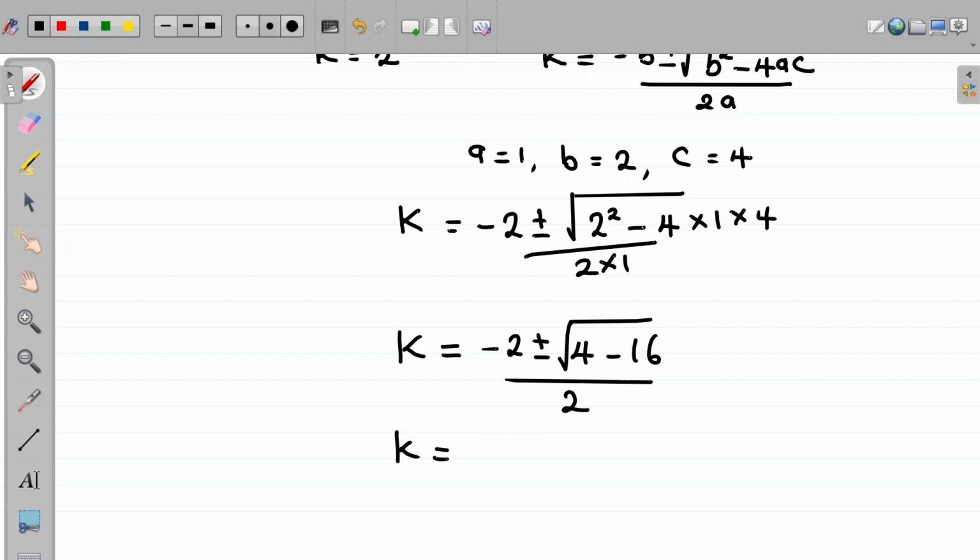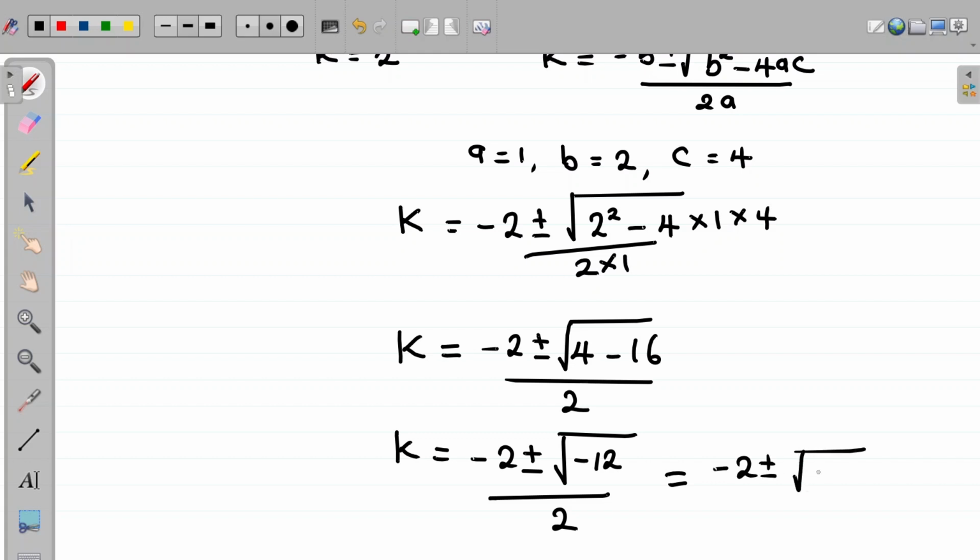So we can obtain that this becomes minus 2 plus or minus root of 4 minus 16, which gives us negative 12, divided by 2. So therefore, this is equal to minus 2 plus or minus root of minus 1 times 12, divided by 2.